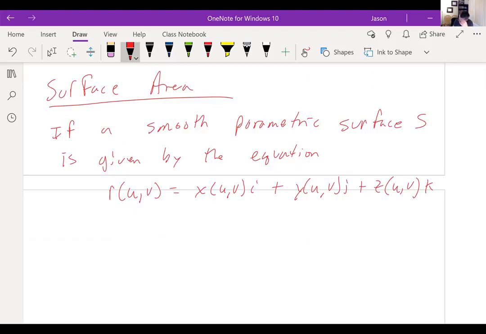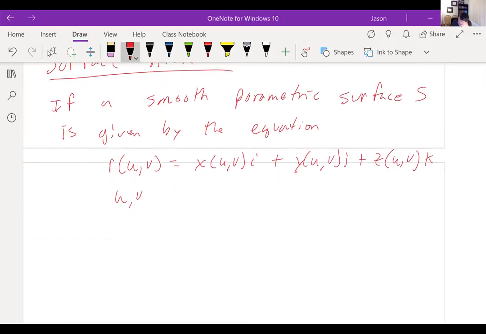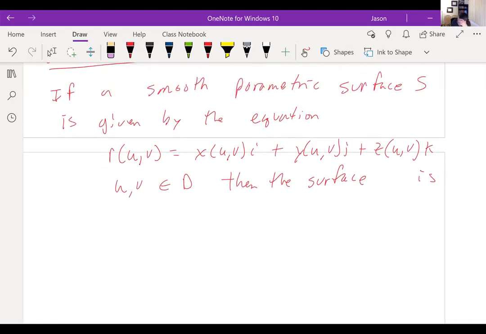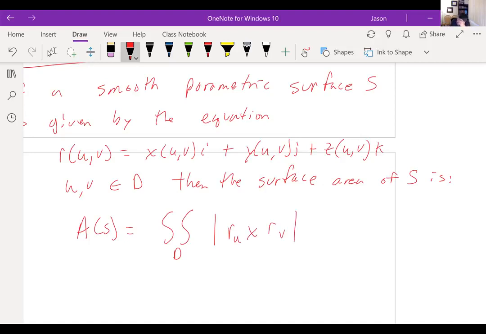It's kind of like the chain rule, where you take x in terms of u, v, y in terms of u, v, and z in terms of u, v, where u and v are elements of some domain D. And then the surface area of S is A of S equal to the double integral over the domain of the magnitude of r_u cross r_v dA.